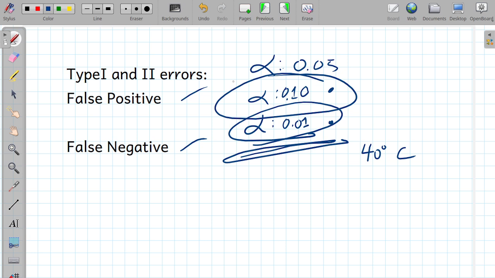So setting the level of significance to 10%, or by default 5%, these are your two choices that cause the least amount of harm. Setting it to 1% makes a false negative easy to get, and the false negative is the result that can cause the most damage.